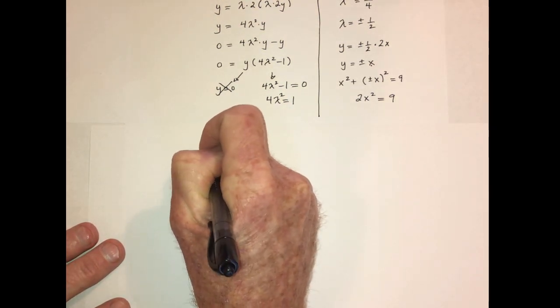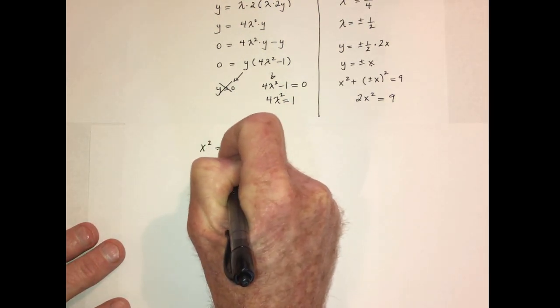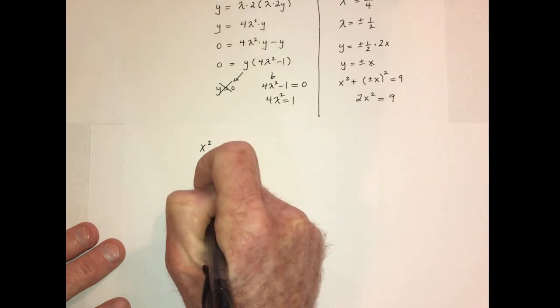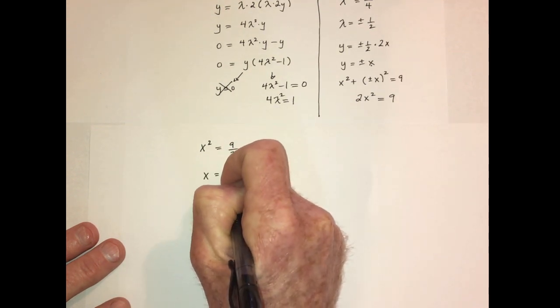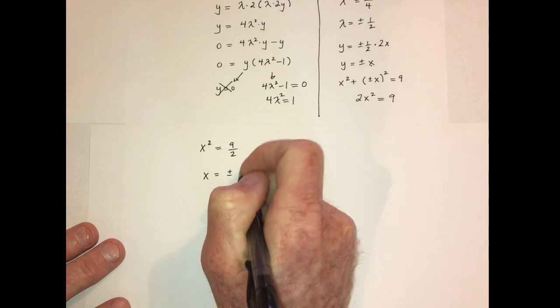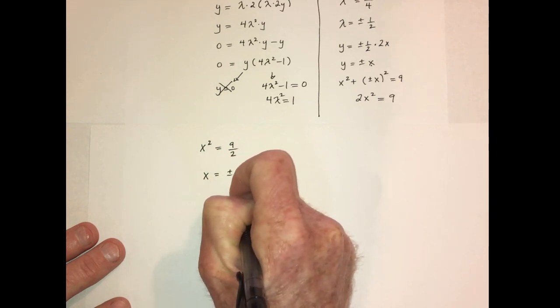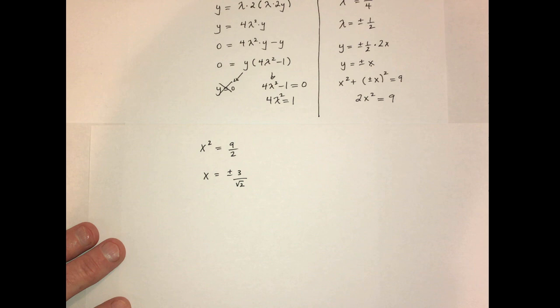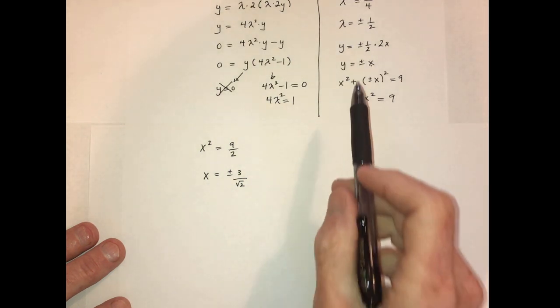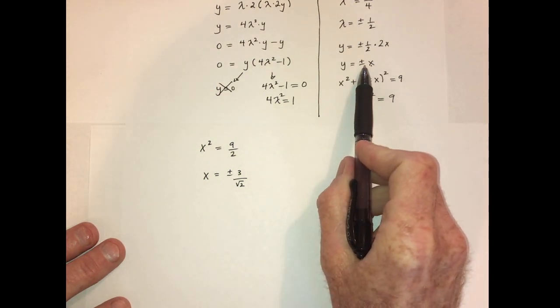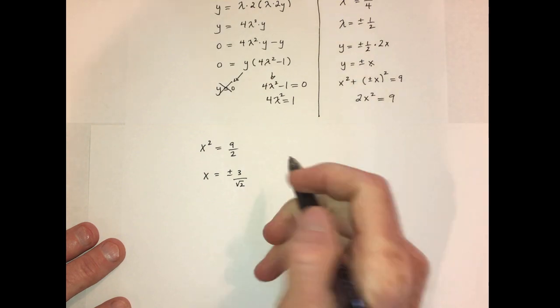So x squared is equal to 9 over 2. And then take the square root, so it's plus or minus 3 over the square root of 2. And back over here, we saw that y is equal to the same thing with plus or minus.